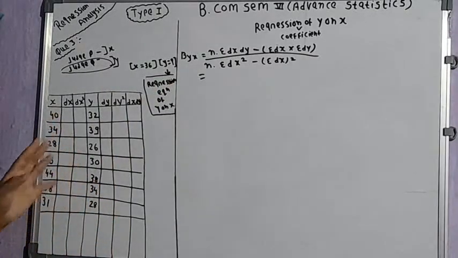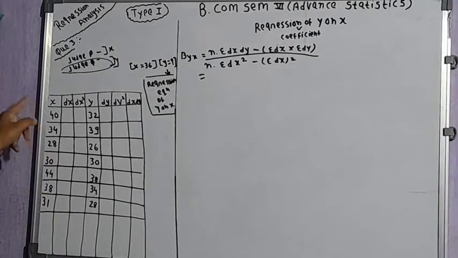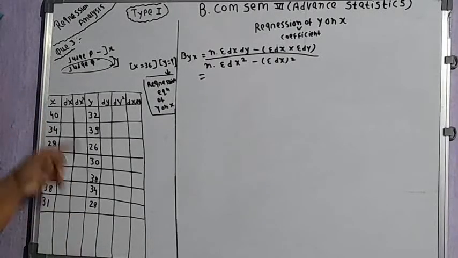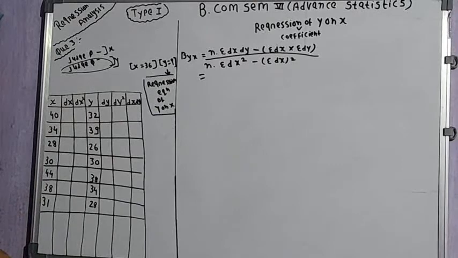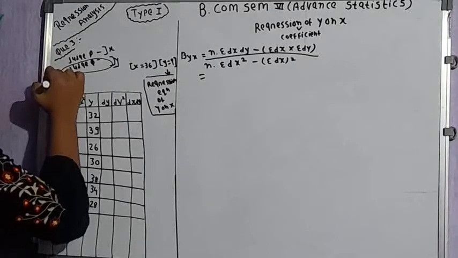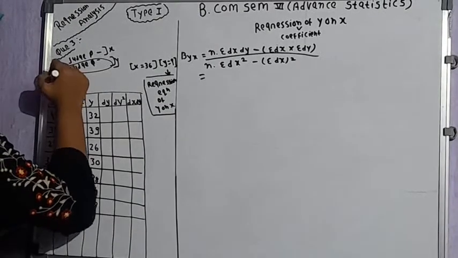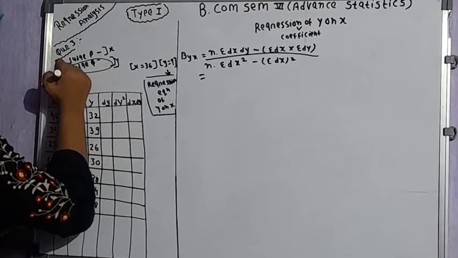Okay. So we have made the preparation chart as we used to make earlier as well, whereby we have written x column, dx square column, y column, dy square column, dx dy column. That is the product of dx column and dy column. Okay. So here this x represents the marks given by judge P to 7 participants.